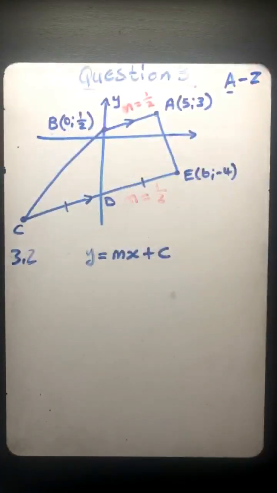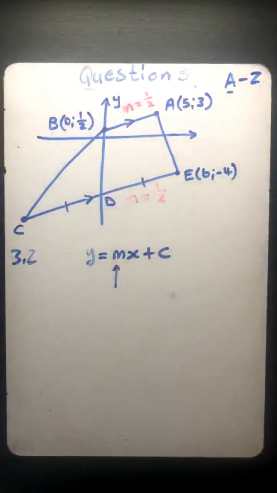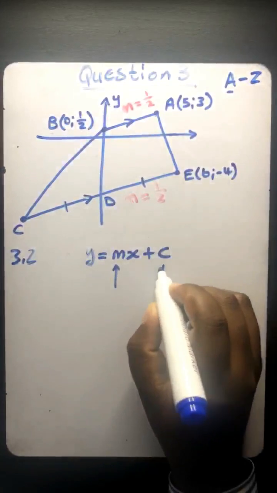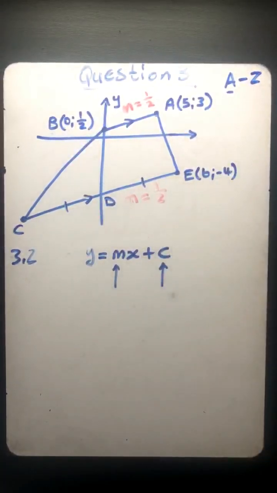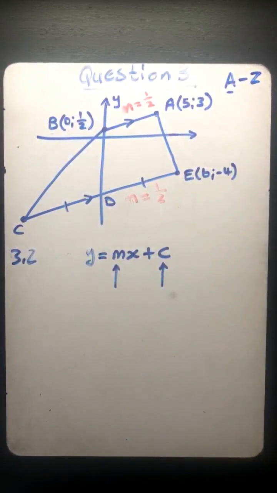In other words, they are simply saying, give us the m value, give us the c value, and rewrite everything in the form of x and y. And most importantly, analytical geometry is a game of two things. So now, do you have two things? I think we do.